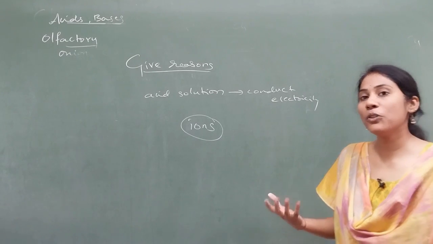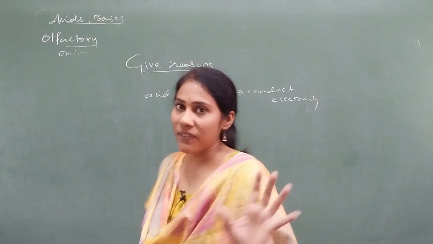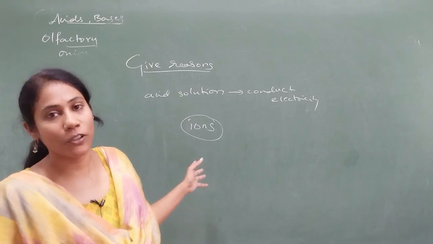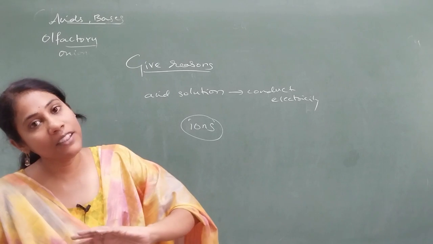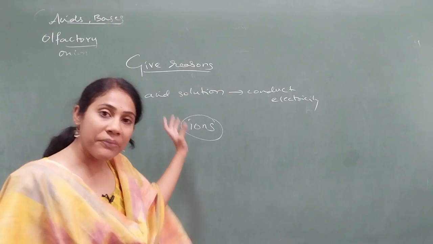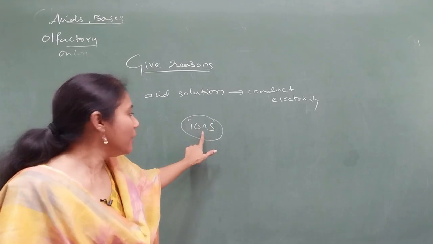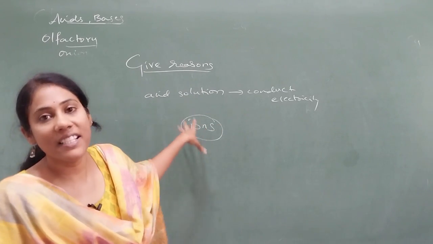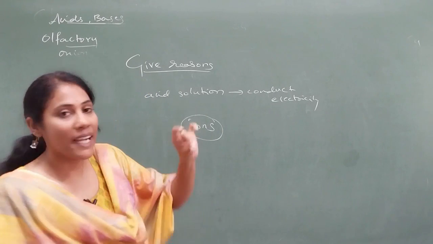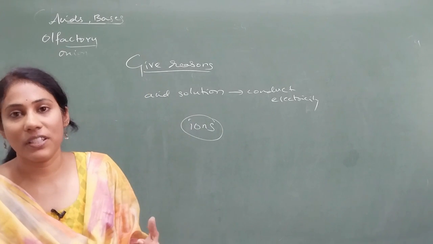For anything to conduct electricity, ions are very important, especially in a chemical solution. If something does not conduct electricity, then you write no ions. If something is conducting electricity, then you write the word ions. This is the answer for all the give reason questions relating to acidic character, basic character.